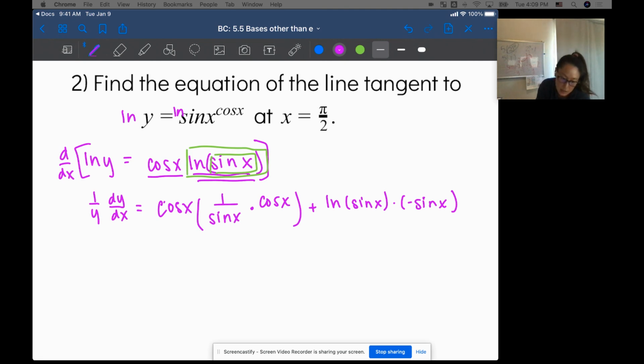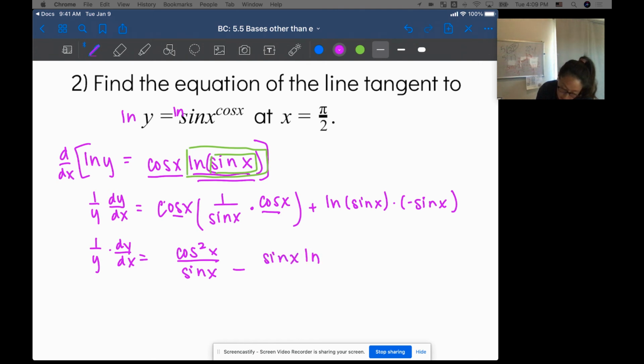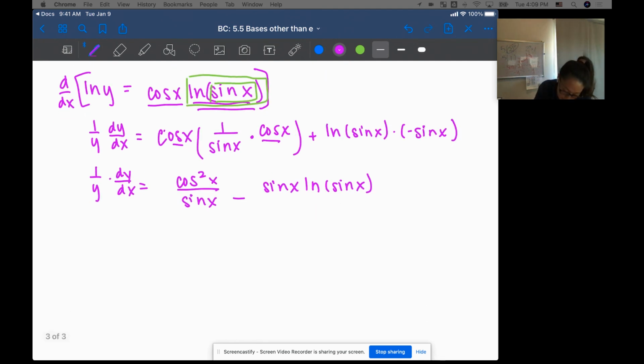Okay. Then let's simplify. So I get 1 over y times dy/dx is equal to cosine squared, so cosine times cosine over sine x, minus sine x times the ln of sine x. And lastly, we need to get dy/dx by itself.